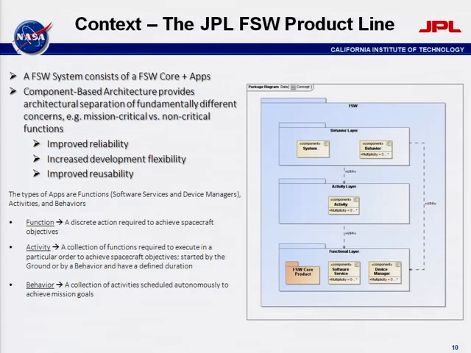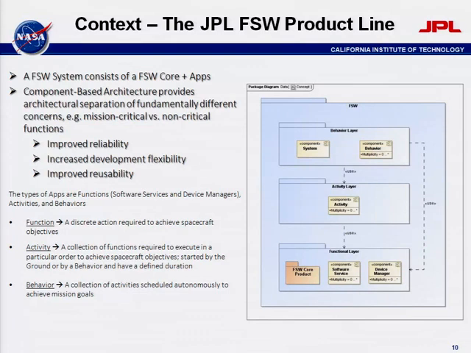At the behavior layer, you have one or more components that export a behavior interface, or are the components responsible for coordinating the behavior of the spacecraft. So they're responsible for coordinating activities.